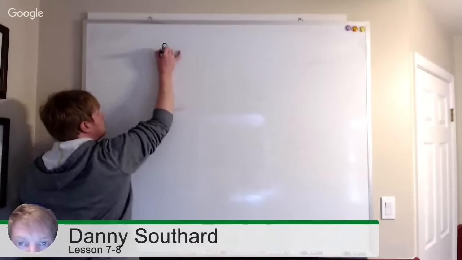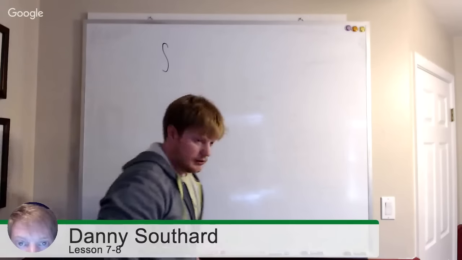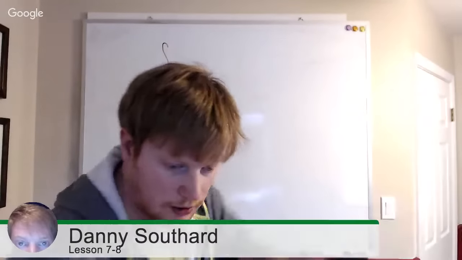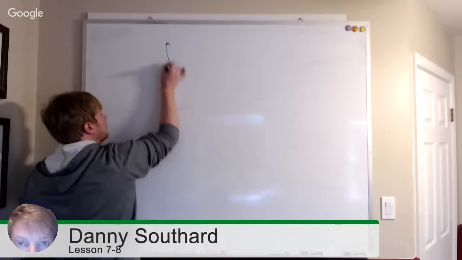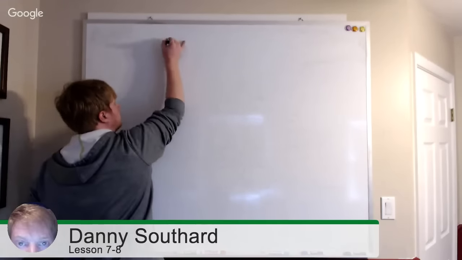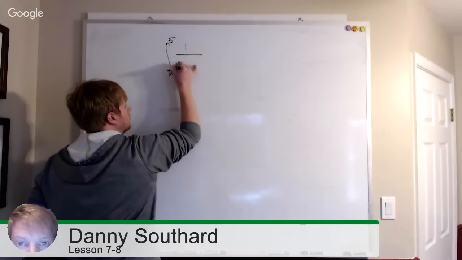Integral. Ugh, it's a horrible integral sign. From 2 to 5 of 1 over the square root of x minus 2. From 2 to 5, 1 over the square root of x minus 2.